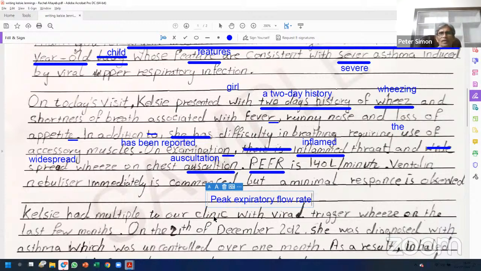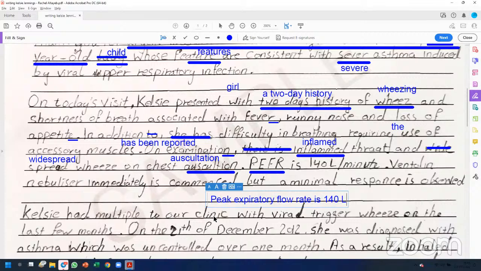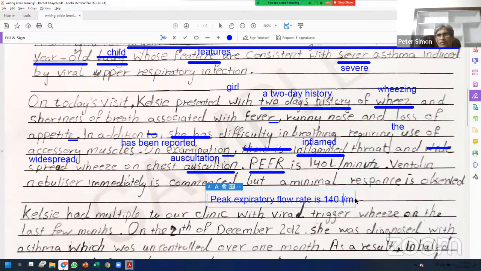Peak expiratory flow rate is 140 liters per minute. Full stop. So you have to write in full. Don't write in note form.